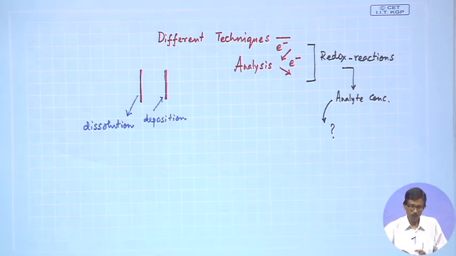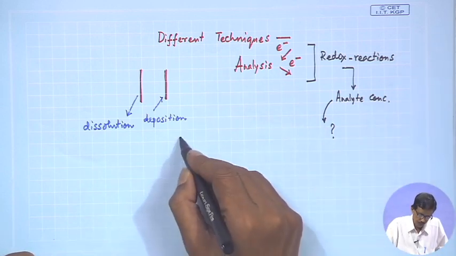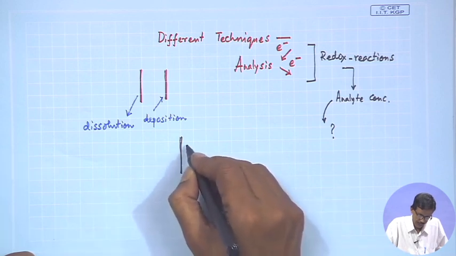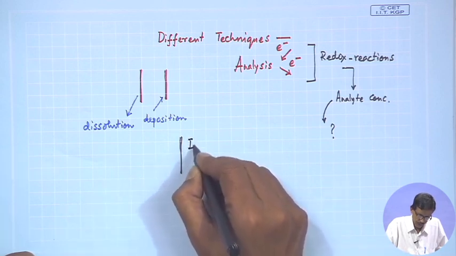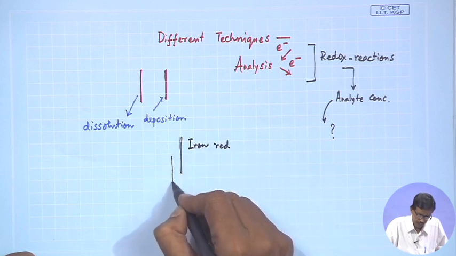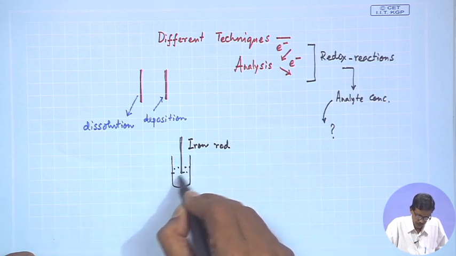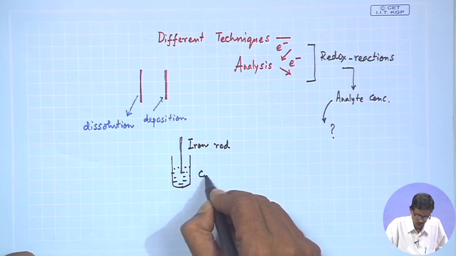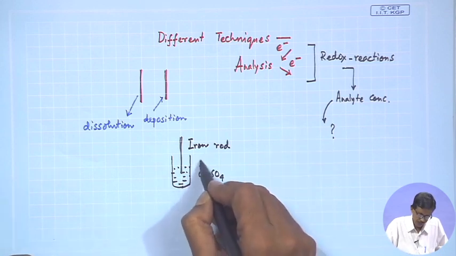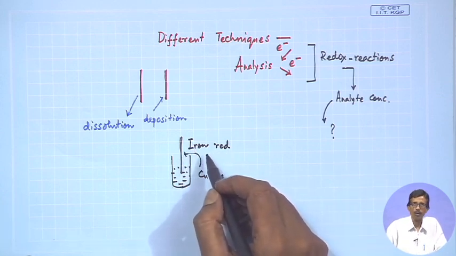So, how can we correlate these? That means, if we have an analyte, in one such case we have seen that an iron rod or iron nail, if we dip it within a copper sulphate solution, there will be some deposition of this copper on this iron rod.